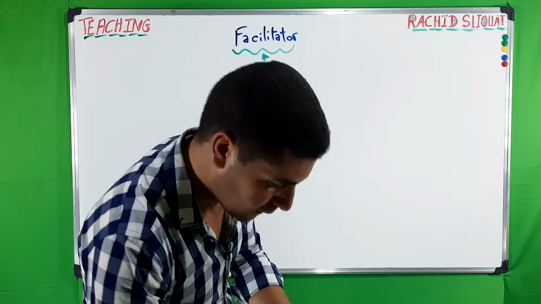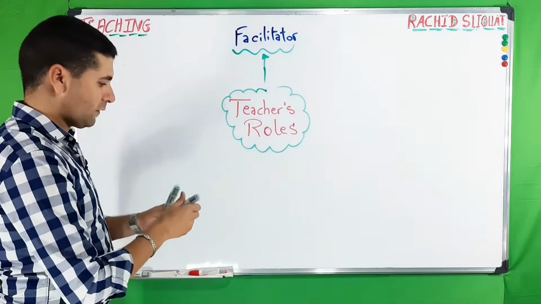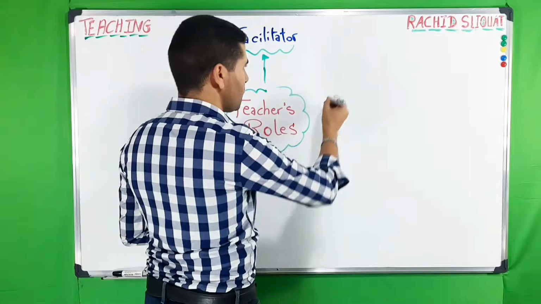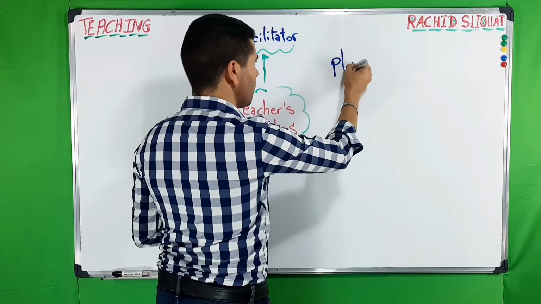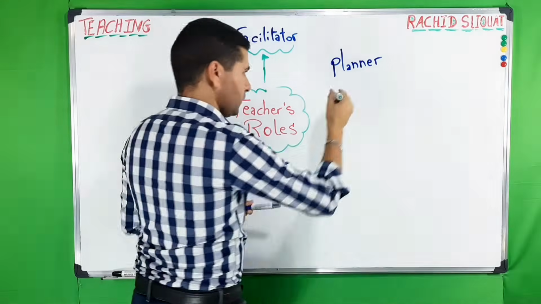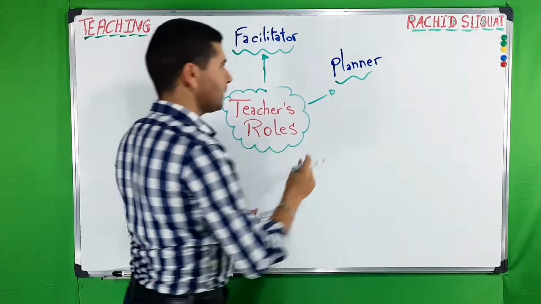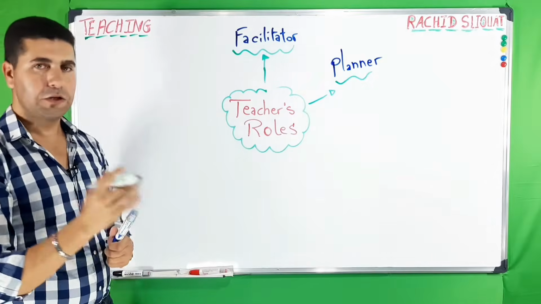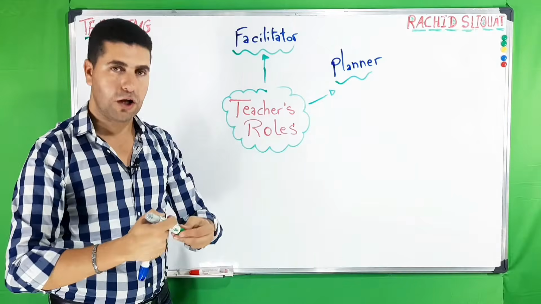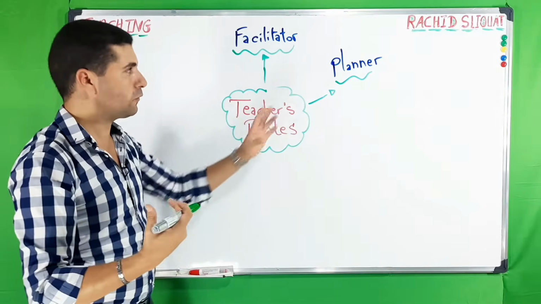Number 2, and this is also very crucial, is something that we can call the planner. So, this is number 2, so it is planner. And when I say planner, it comes from to plan, okay? So one of your jobs, or your roles, is to plan.